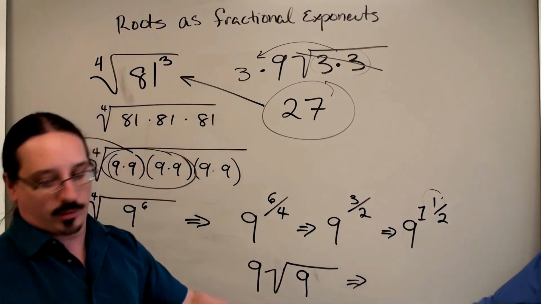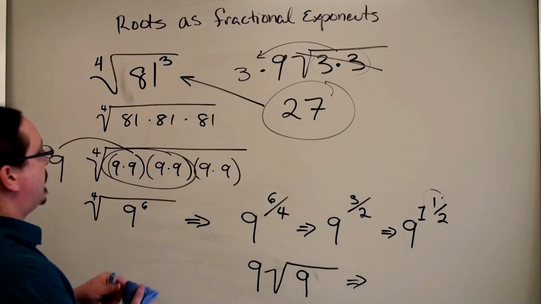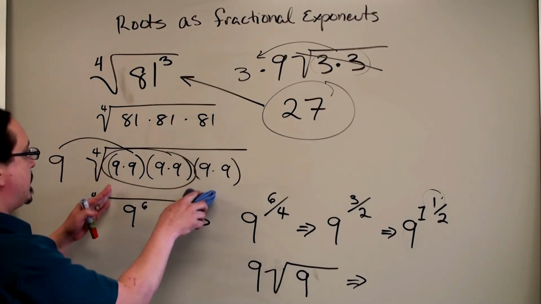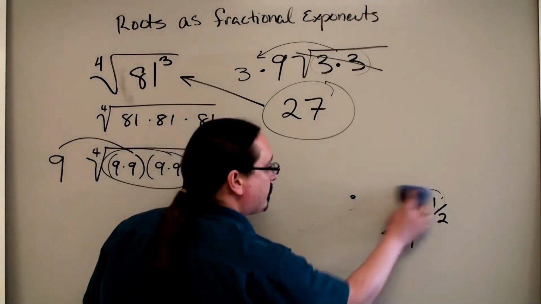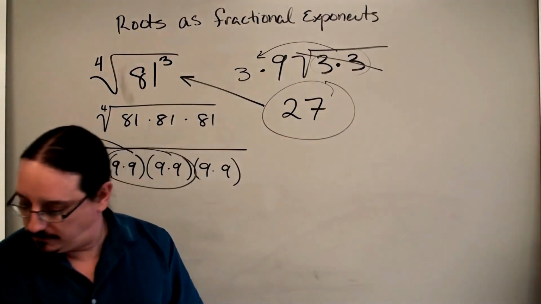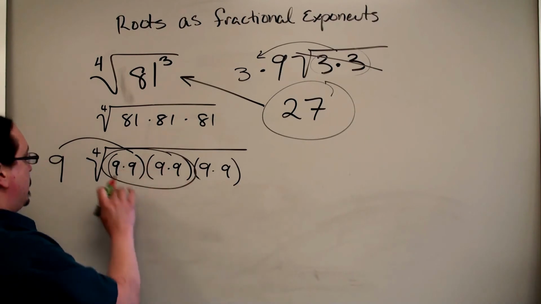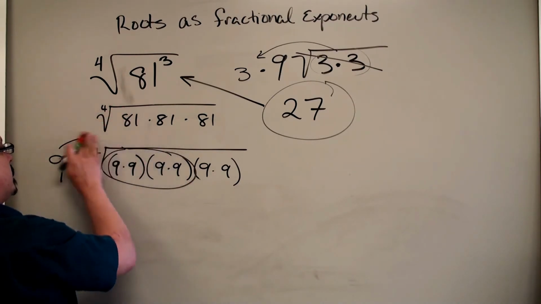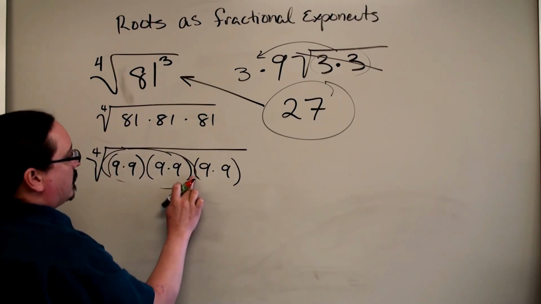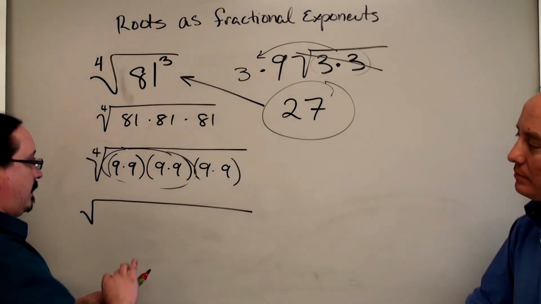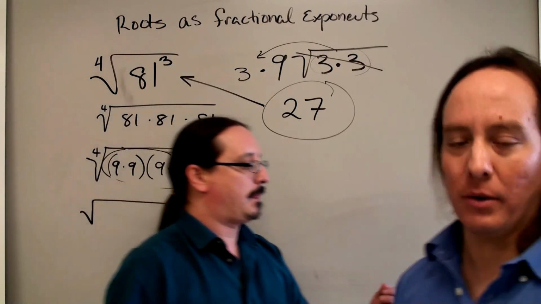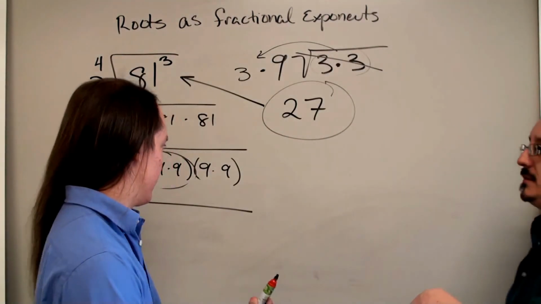Now, here's something cool. We're going to back up a couple of steps, right here to this step, and simplify some of that. Actually, I'm going to have you do this. Break down those 9s to 3s.